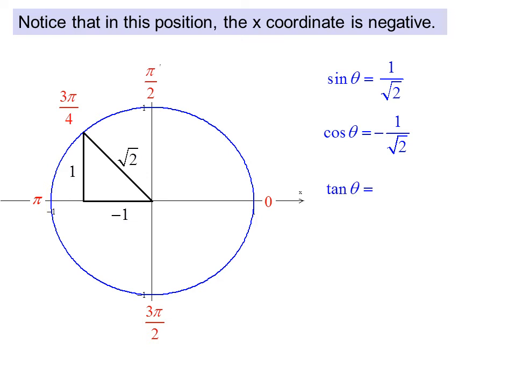Tangent theta is -1. Secant theta, still 1 over cosine, negative radical 2. Cosecant theta is still 1 over sine, which is radical 2. And cotangent theta is 1 over tangent, or -1.